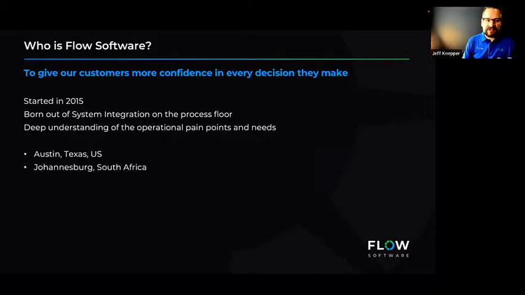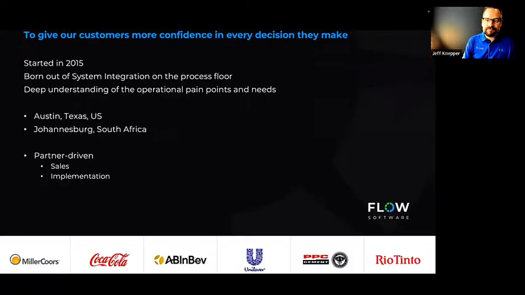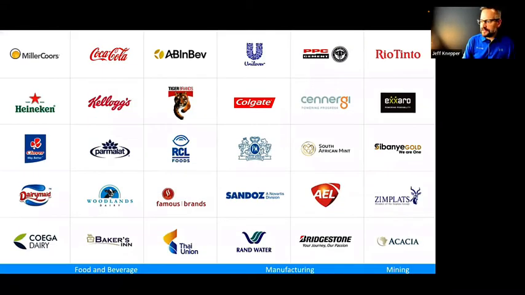Today, there are offices in Austin, Texas, as well as in Johannesburg, South Africa, and Flow goes to market through integration partners, for both sales and implementation. Brands around the world have been taking advantage of this system integration business that Flow came out of.